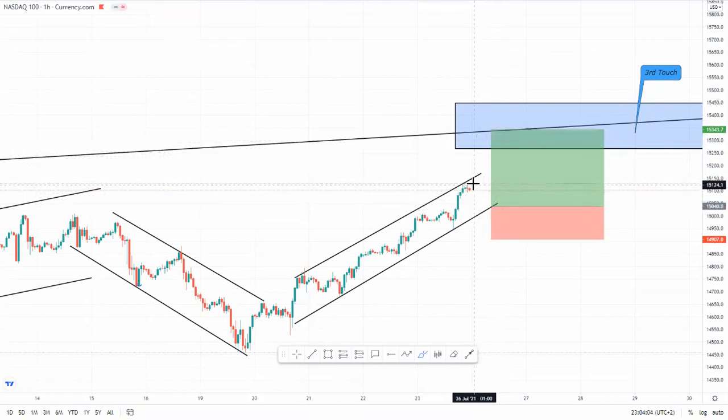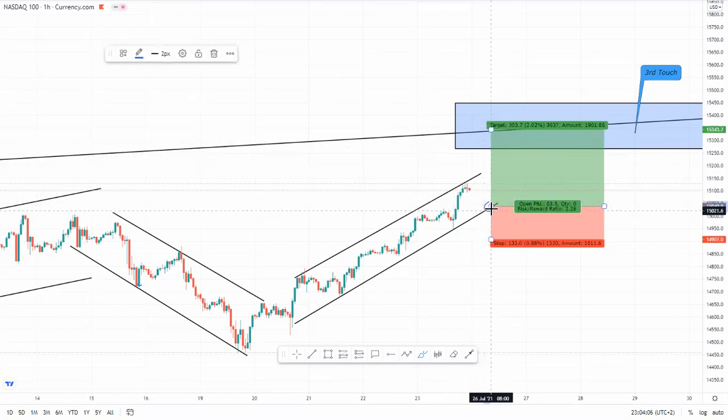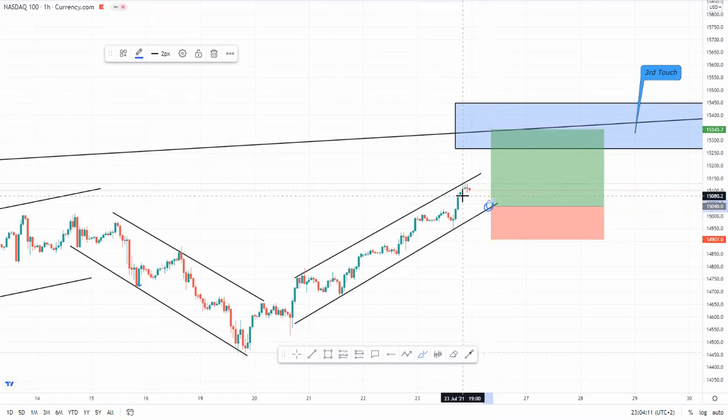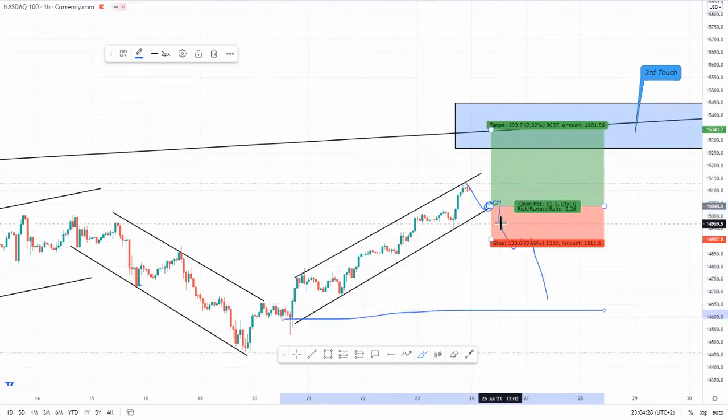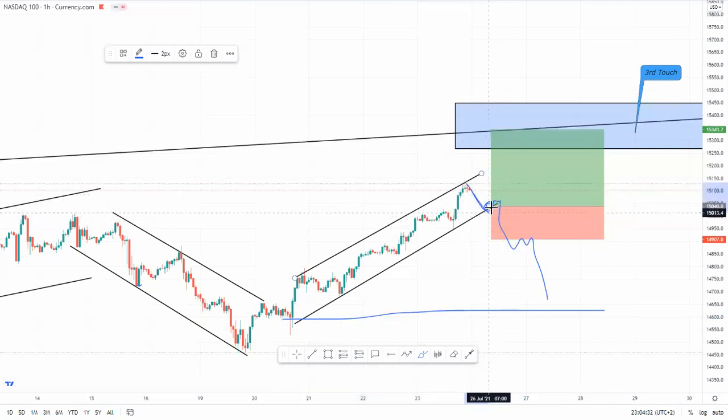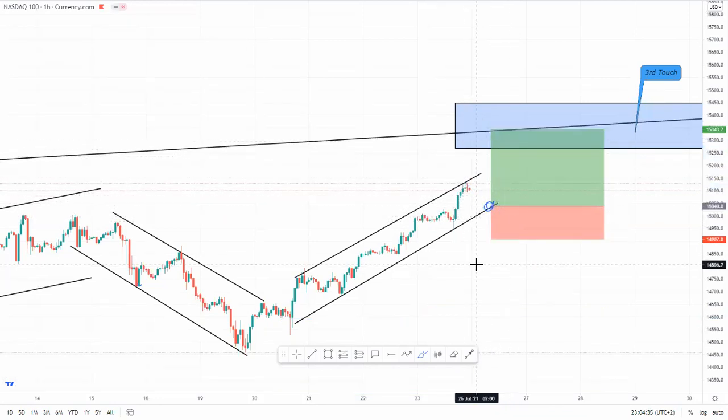Because it is probable that the market will give us a third touch here, but it's also possible that the market could come here, play around, I forgot what they call this playing around in the Falcon strategy, then break out to test these lows here. That could happen, that's the possible. But the probable is third touch and then push to the upside.